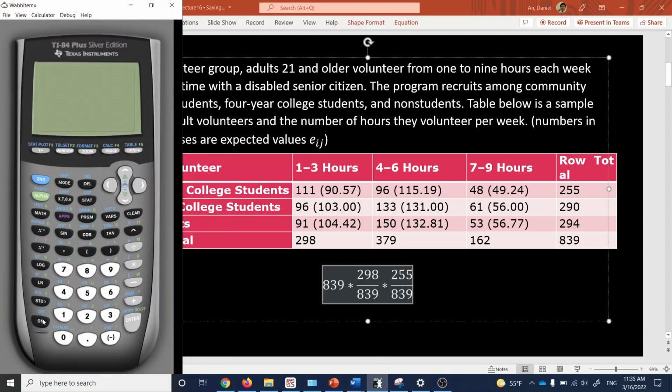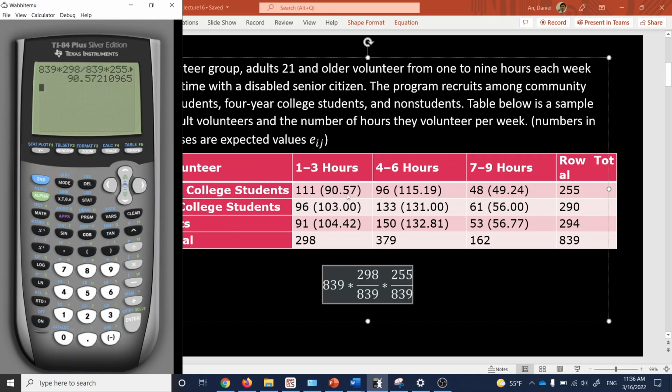So let me demonstrate that here. If you had 839 times 298 divided by 839, times 255, and then divide by 839 again, that result will be 90.5721, which is why you see this 90.57 there.